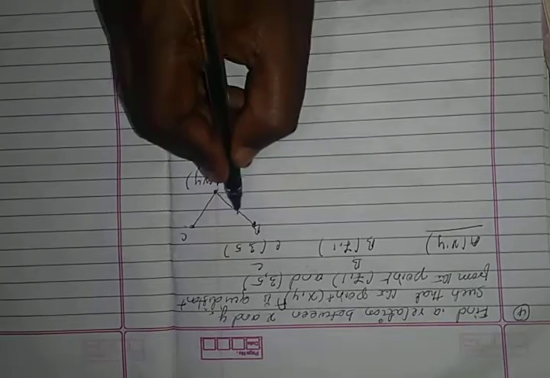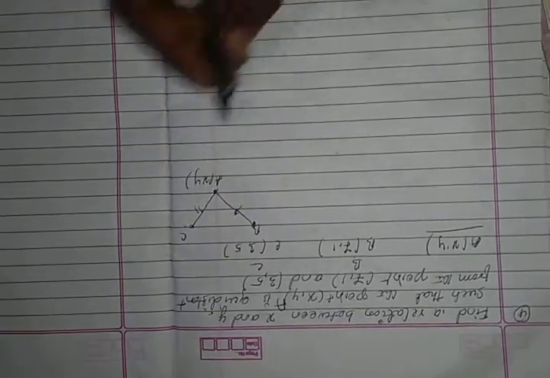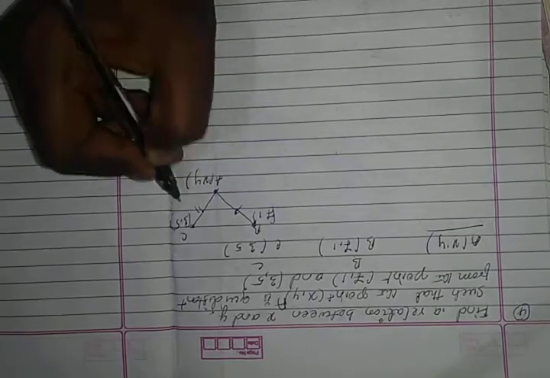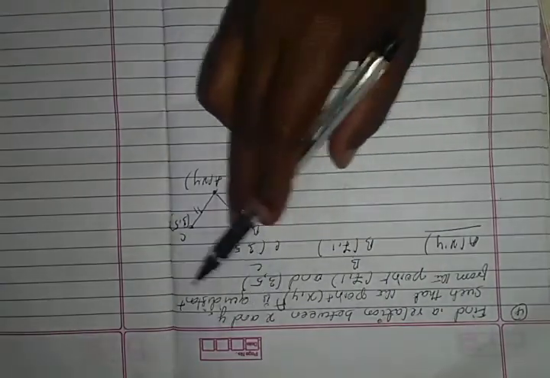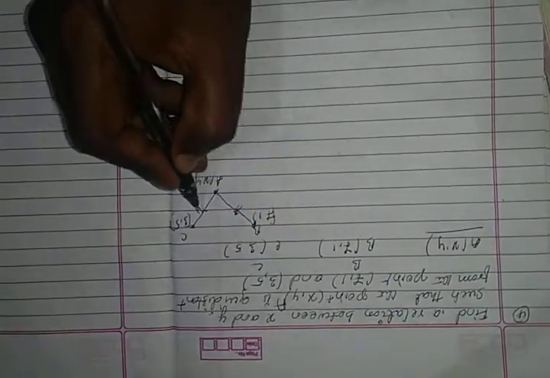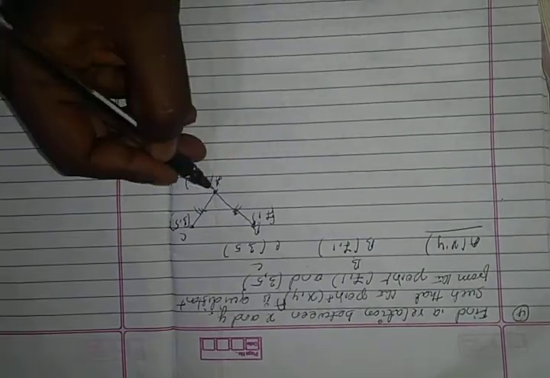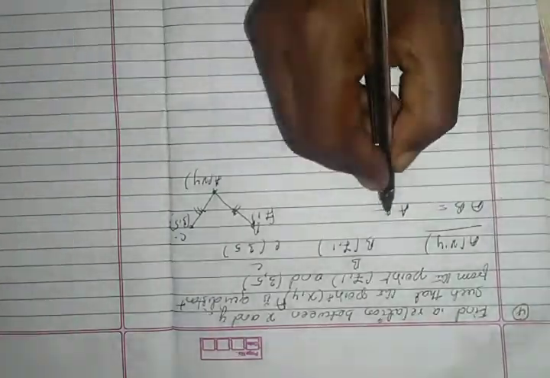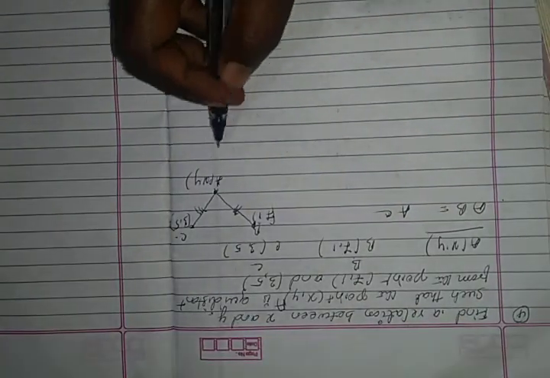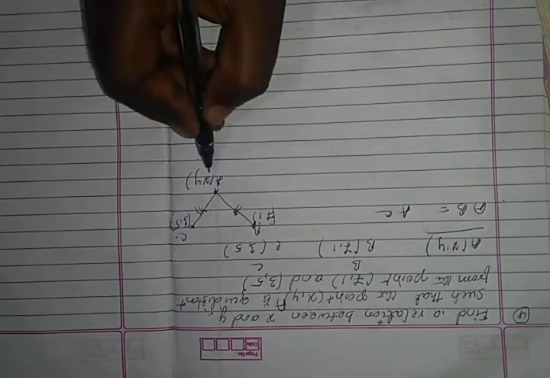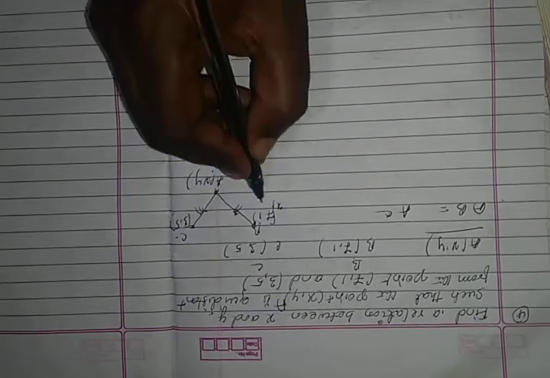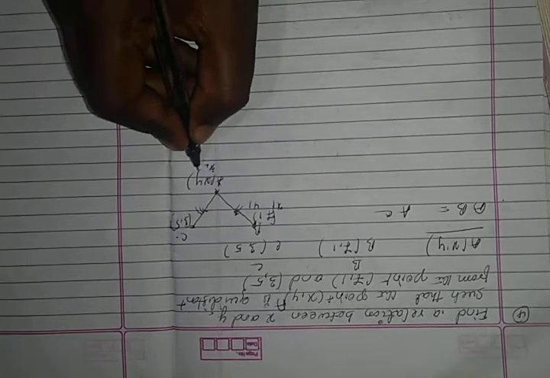So let us see what is the distance here and what is the distance here. The point is 7 comma 1, here the point is 3 comma 5. By using the distance formula, they are both equal distance, so AB is equal to AC. This is x1 y1, this is x2 y2.